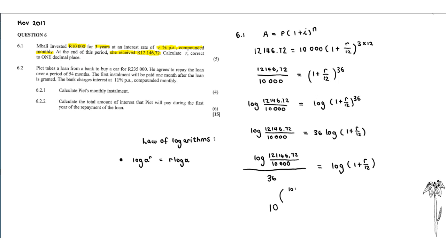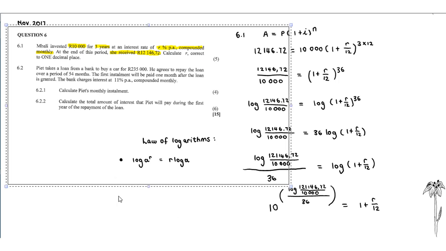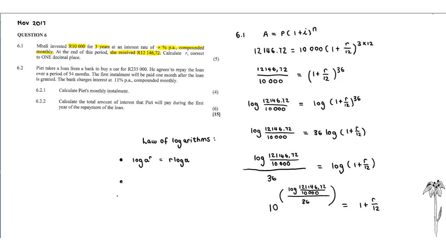So you have log of 12,146.72 divided by 10,000, all of this divided by 36. I'm changing it to exponential form. This is equal to 1 plus r over 12. Let me just explain what I did there. You're converting from log form to exponential form.